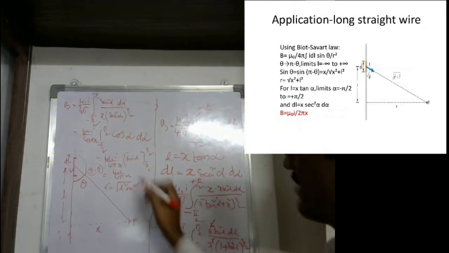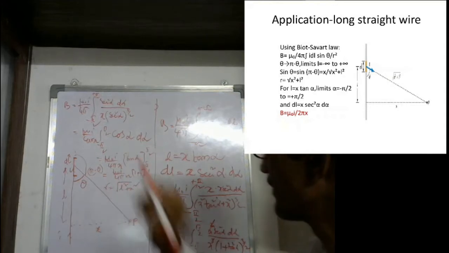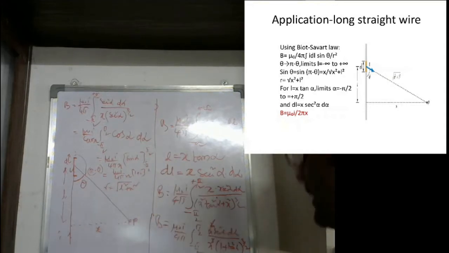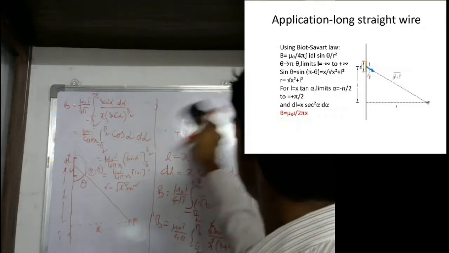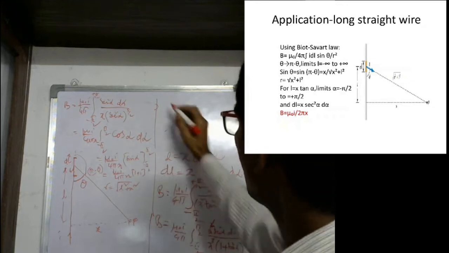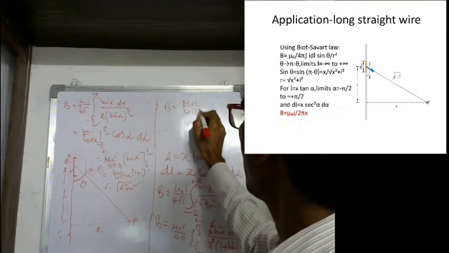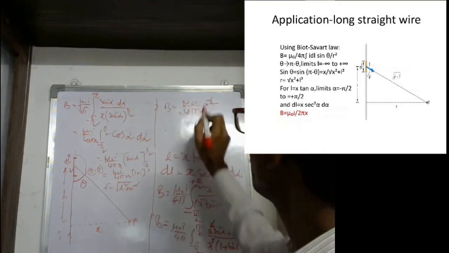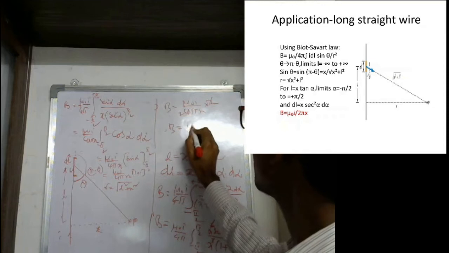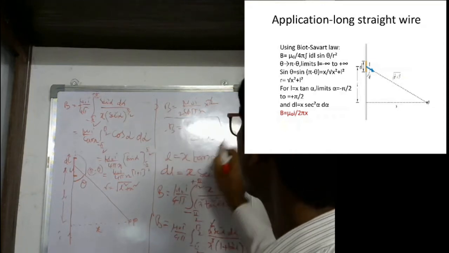That means plus sin pi by 2, that means 1 plus 1, which is 2. So your B is mu naught I by 4 pi x times 2, that is, B is mu naught I by 2 pi x.